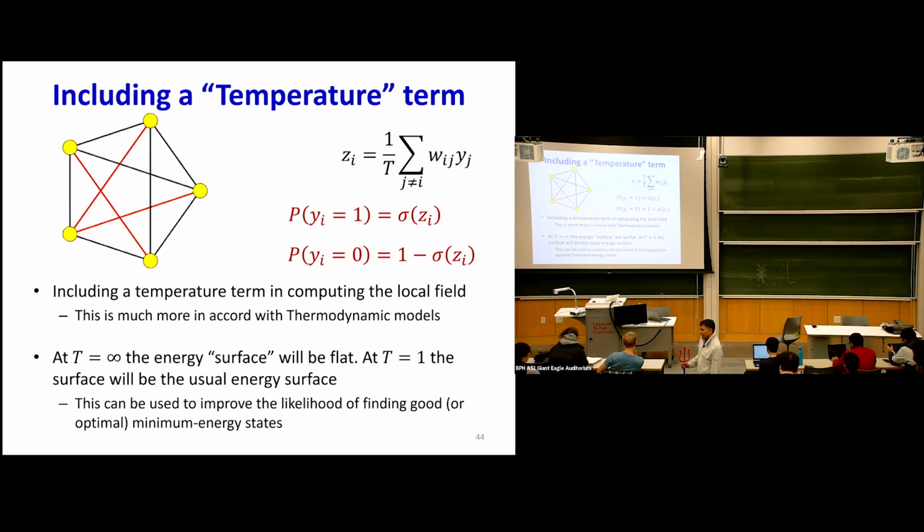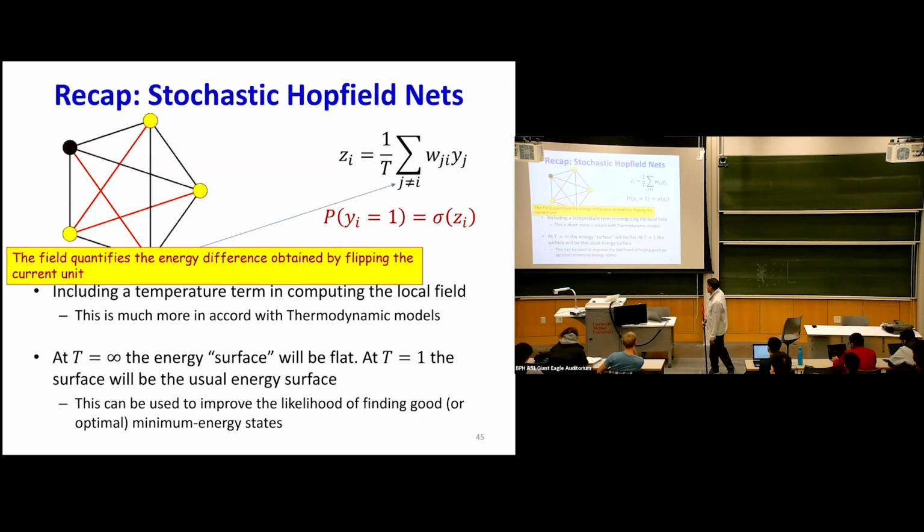It's not really recalling anything. When T is 0, this just basically becomes the Hopfield network. Only the most likely state is going to remain, right? And so the field quantifies the energy difference obtained by flipping the unit.